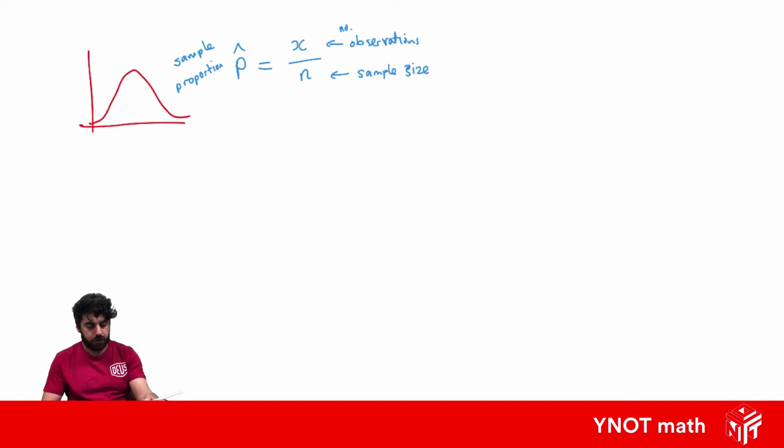And it's probably worth noting that this is a sample proportion, so we're taking it from data from an entire population. So we can have something called the population proportion, which is capital P hat. And this would be the ideal case where we'd have the number of observations over n, but in this case, n was the entire population size.